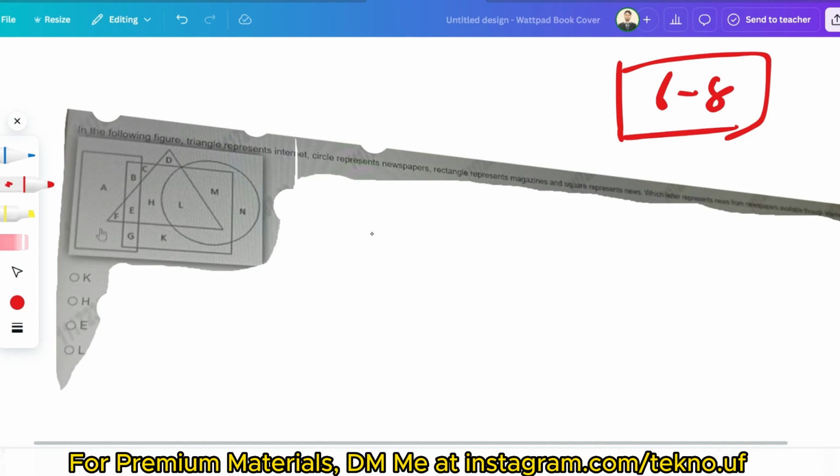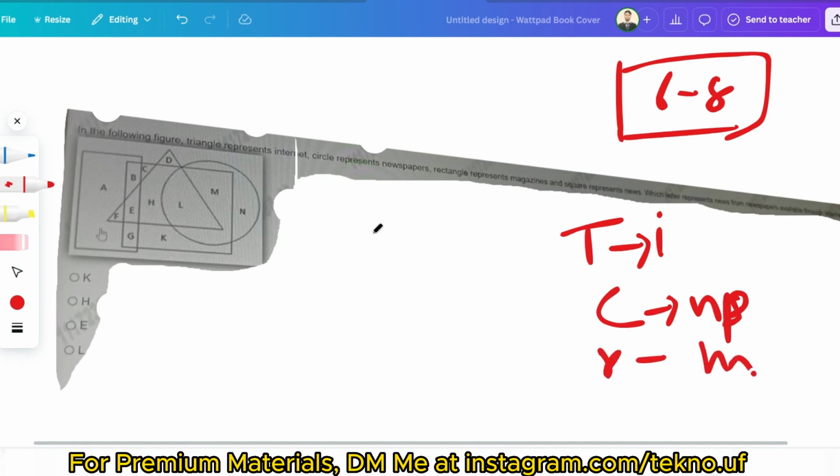If in the following figure, triangle represents internet, circle represents newspaper, rectangle represents magazines, and square represents news.